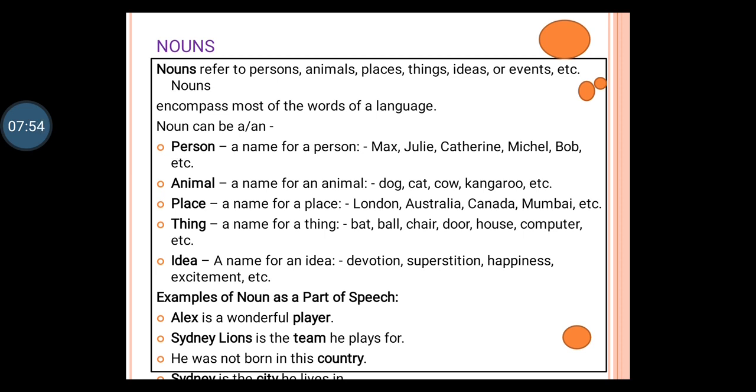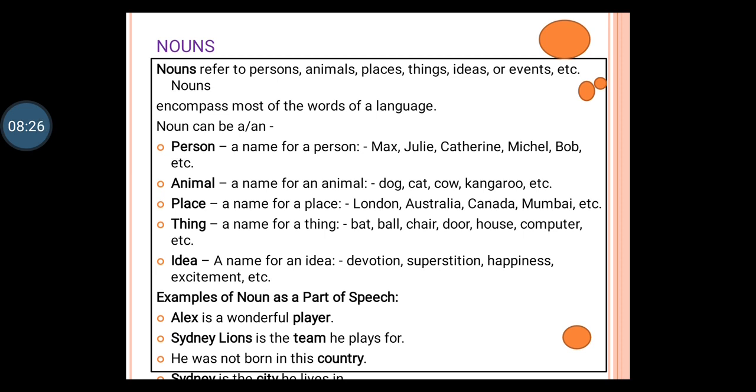Think of any event that has occurred in Sleek Angels since you've been in that school. That event has a name, and that name is a noun. So nouns encompass most of the words in any language at all, whether English or French or Spanish or German, all languages. Nouns make the most words in all languages.